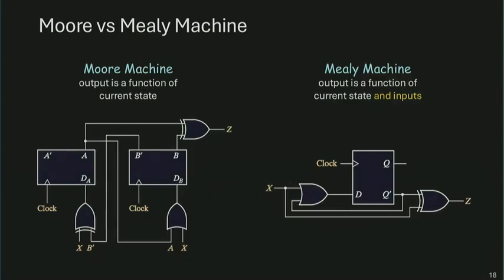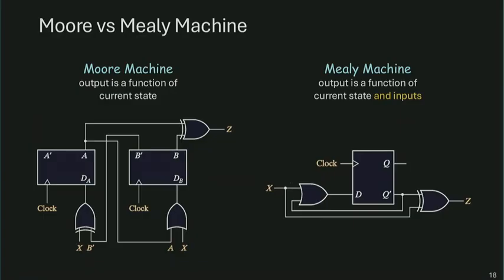So here are some examples from a circuit perspective, the distinction between Moore and Mealy machines. If you look at this diagram, and I ask you whether that's a Mealy or Moore machine, we just check the output logic and see if there's any connection between my primary input, which is x, and the output function. In that case, you see the output is the XOR between this flip-flop output and this flip-flop output, essentially the 2 states.